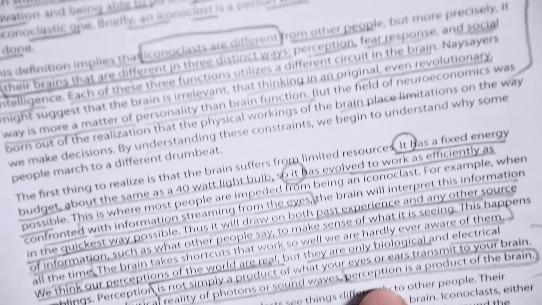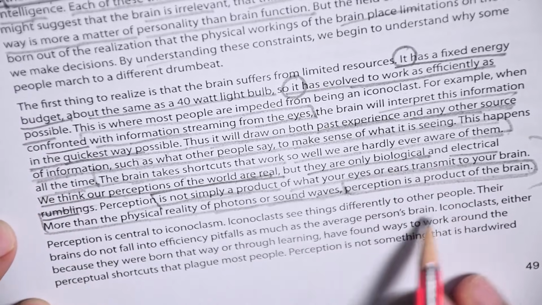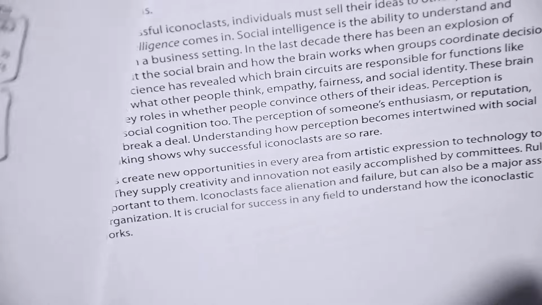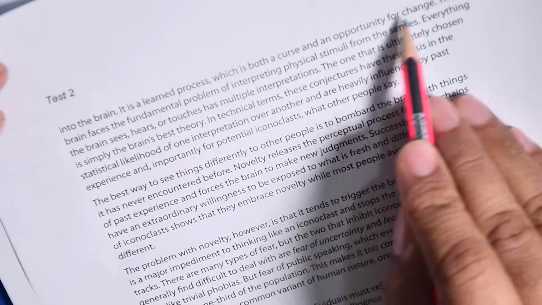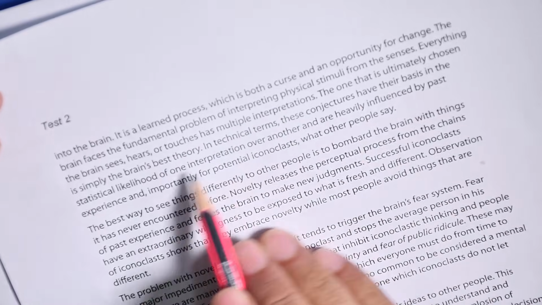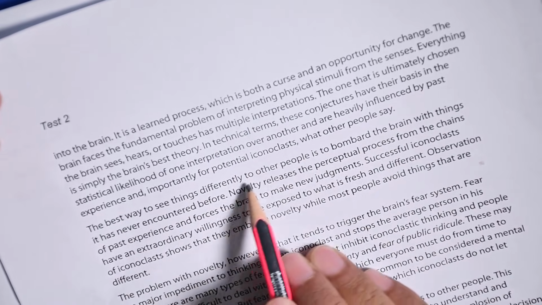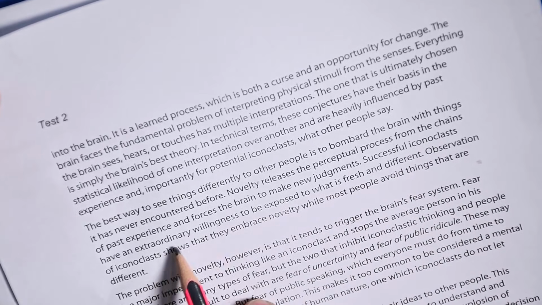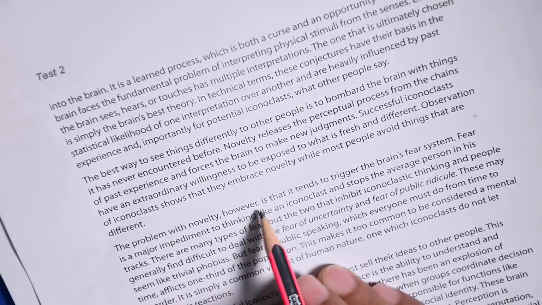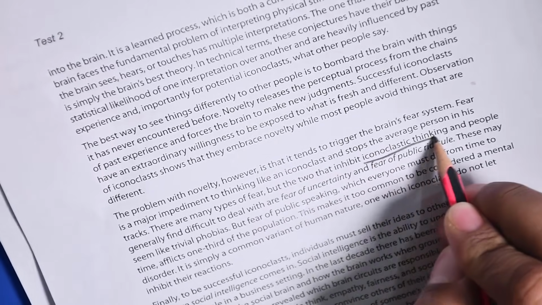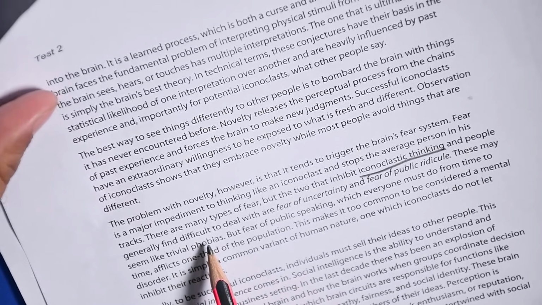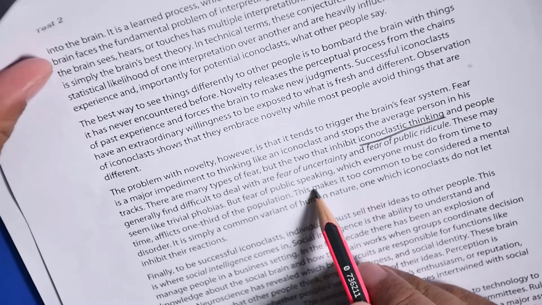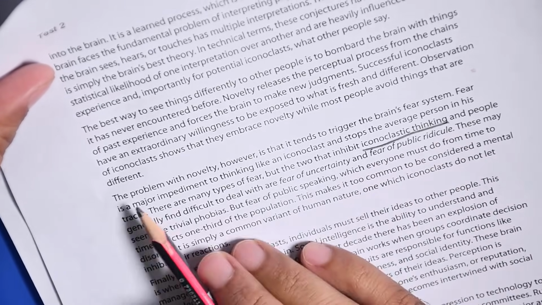I didn't see it here, so let's go on and find it. See how I scan? There they talk about iconoclastic thinking, and there must be an iconoclastic thinker somewhere as well.